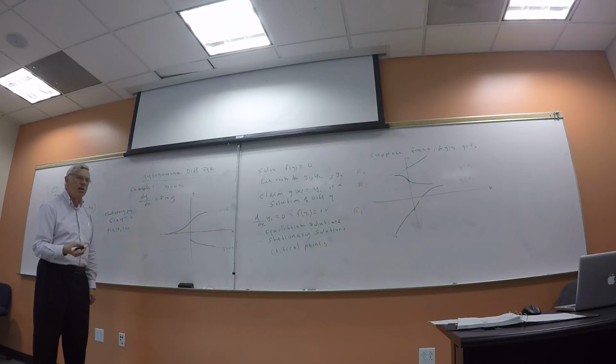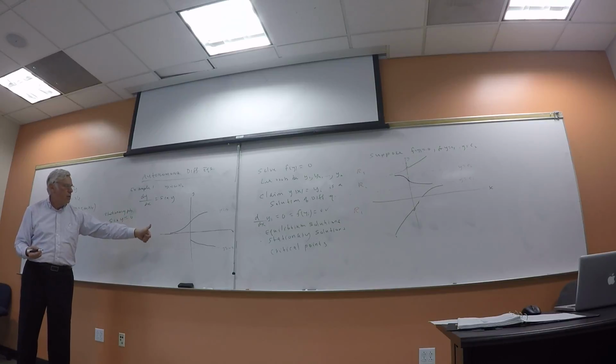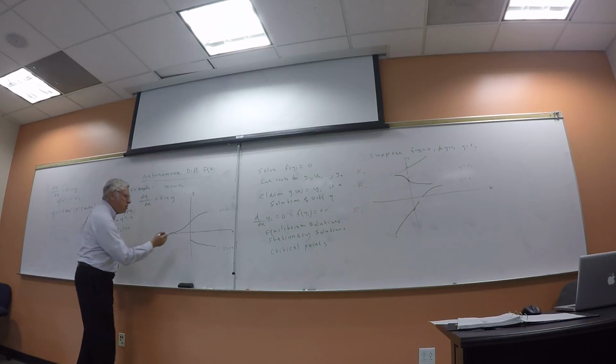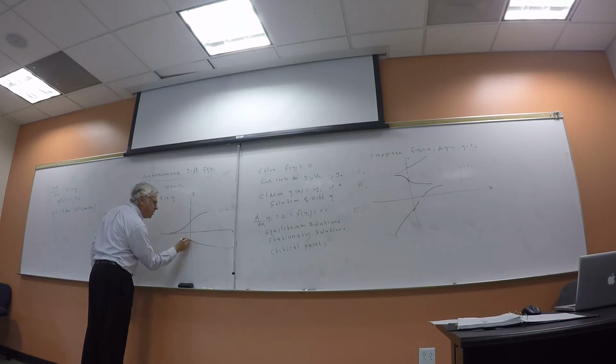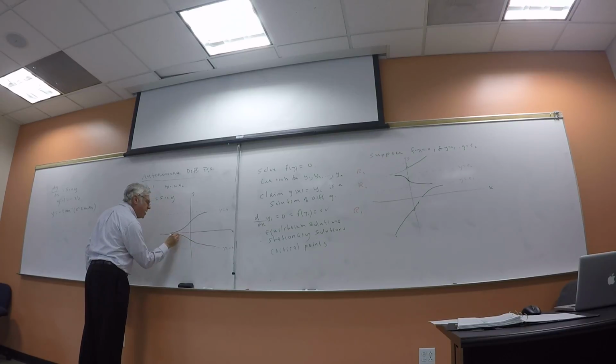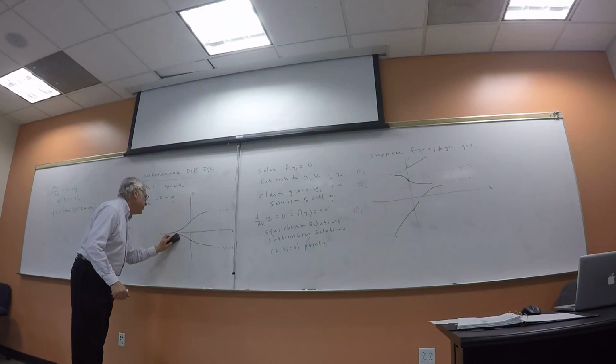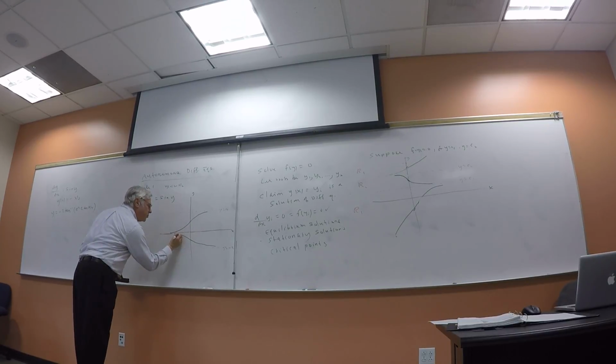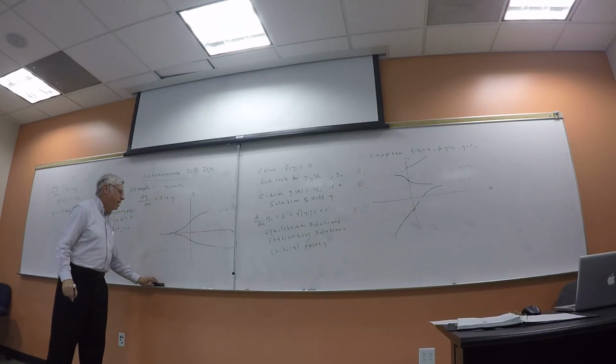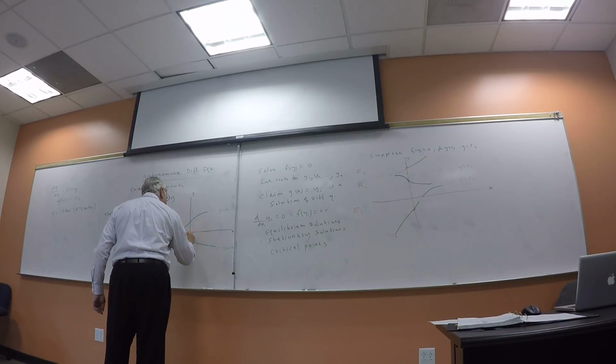Similarly, since we have a negative slope, as we proceed to the left, the function increases, increases, increases, but cannot go into the other region. So it looks like that. That's the region, basically. This is the point 0, minus 3 halves.